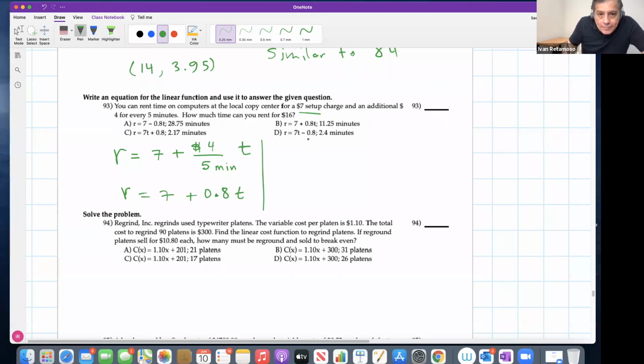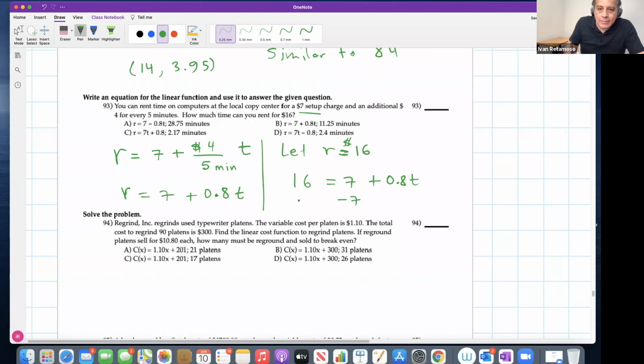Now they say how many minutes you can get with $16. Well, let R, which measures how much you have to pay for the rental, be equal to $16, right? Solving for T, that will tell us the answer, right? How many minutes we can use the computer for $16. So let R be 16 and solve for T in this equation.